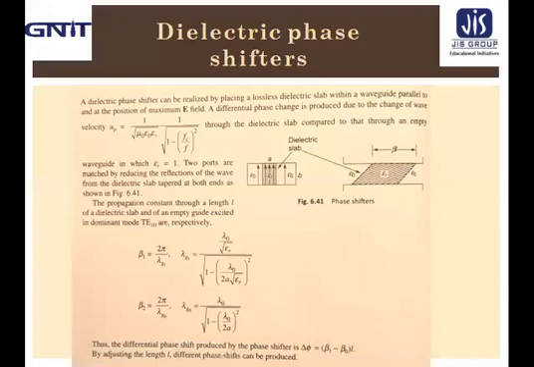The differential phase shift that is produced by the phase shifter, that is del phi, is equal to beta 1 minus beta 0 into L. And by adjusting the length L, different phase shifts can be produced.